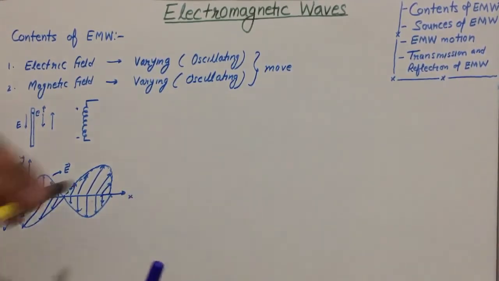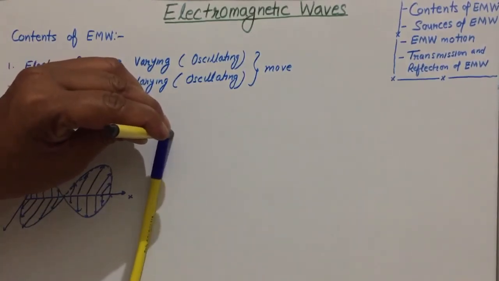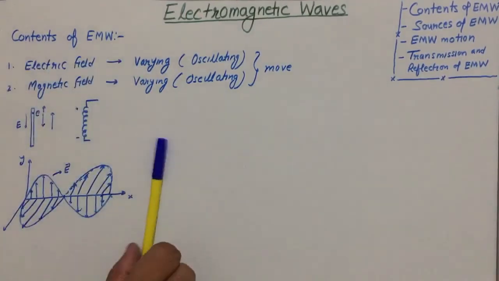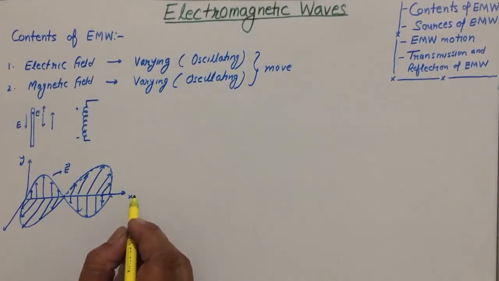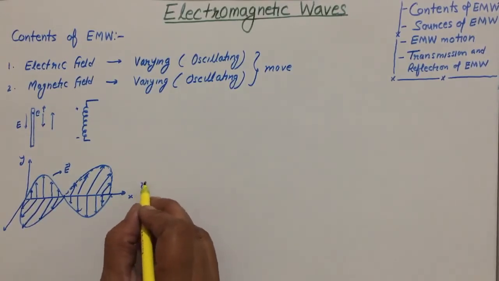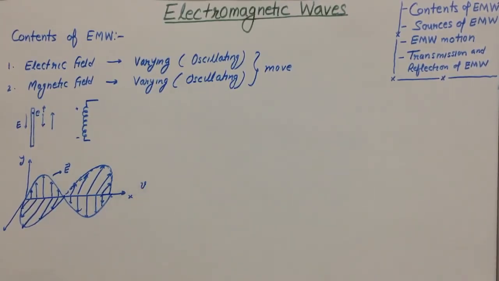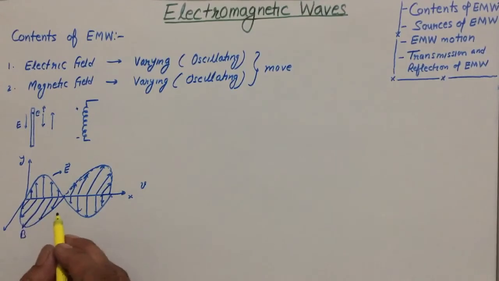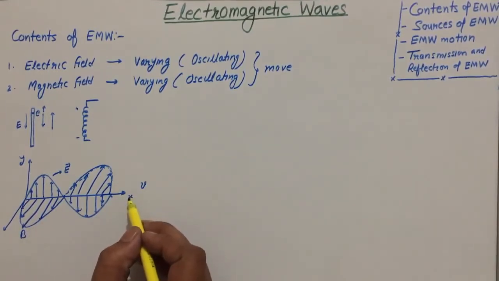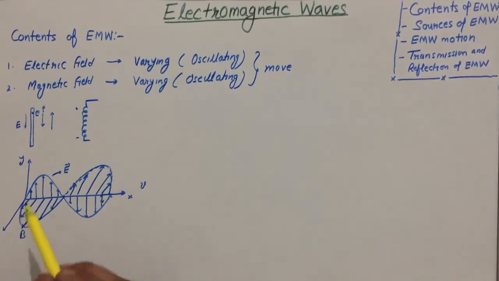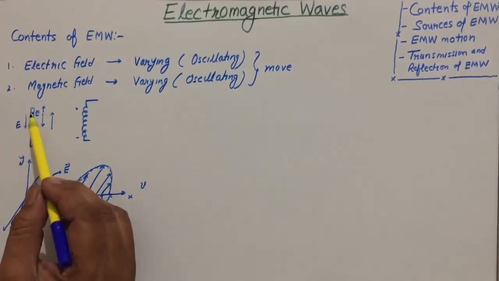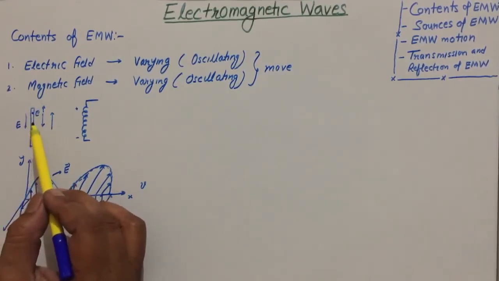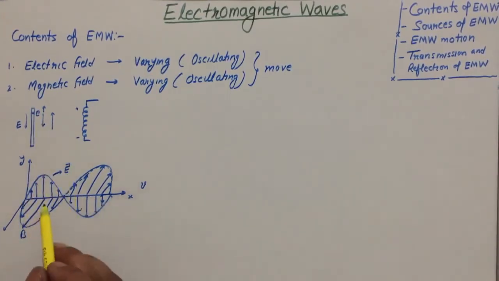This is the electric field and this is the magnetic field, and they are propagating in the direction of x, in this direction, with the velocity v. And both these electric and magnetic fields move in the direction of x. And due to the electric field, the electron oscillates, and the number of oscillations of the electron in 1 second is the frequency of this wave.